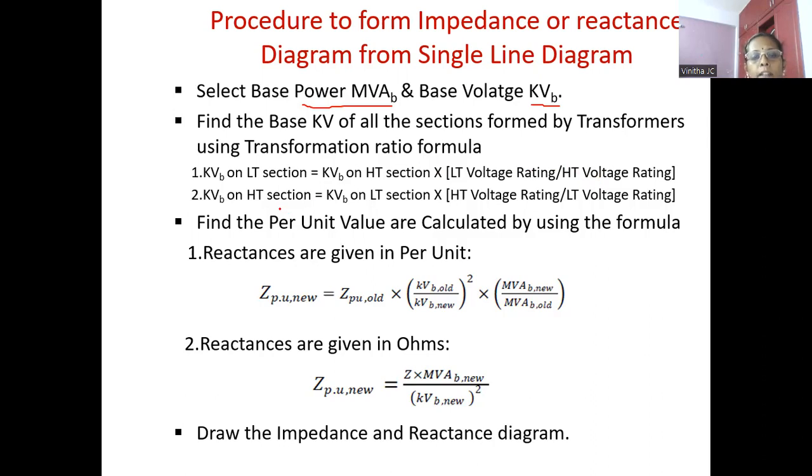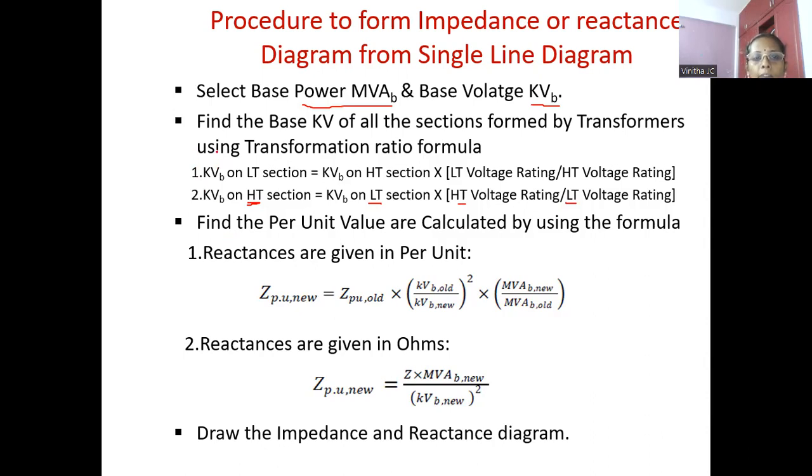Similarly, if it is referred to the high tension side, then the formula used to calculate KVB for that section is KVB on LT side of the transformer into HT voltage rating divided by LT voltage rating. See here, the left hand side is HT, so on the right hand side it is LT into HT divided by LT voltage rating. So by using these two formulas, we can calculate the KVB new for the remaining sections.